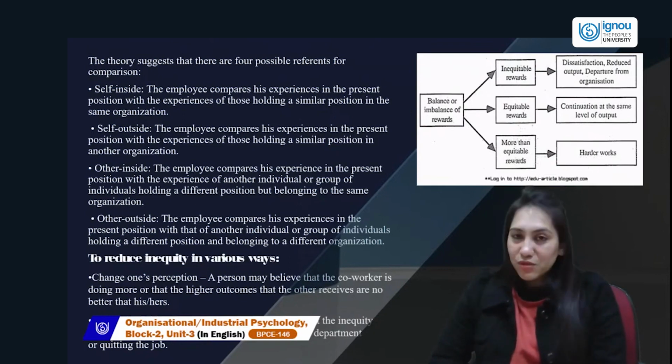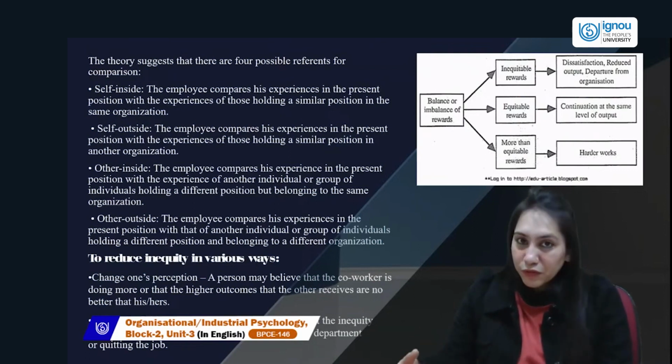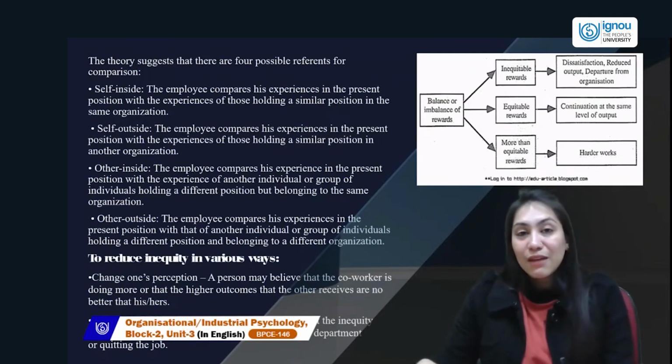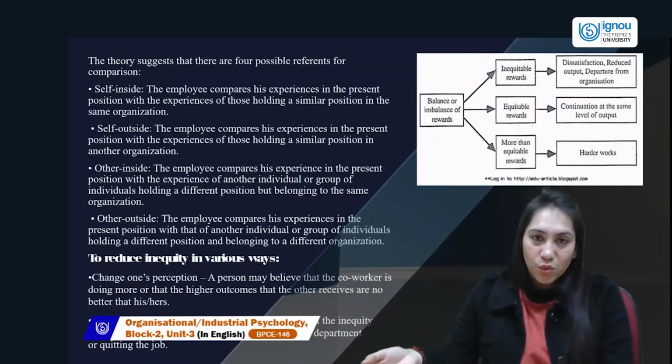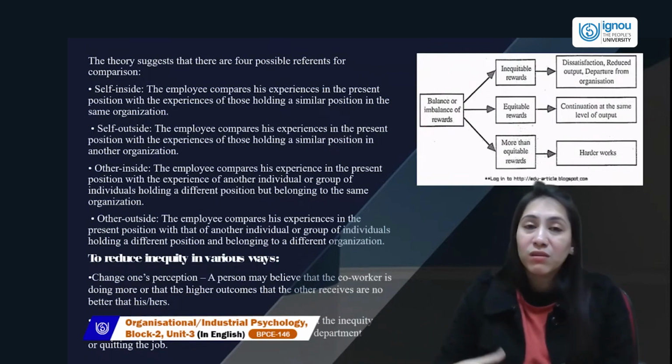Imagine if you're getting an equitable reward. Equitable means satisfying rewards. You continue the same level of output, you put in the same amount of effort, and you come with more creative ideas, more new things in your mind. And if you are getting more than the equitable reward, I feel this is sometimes not mentioned, sometimes people work harder.